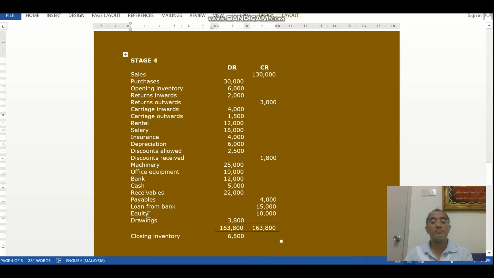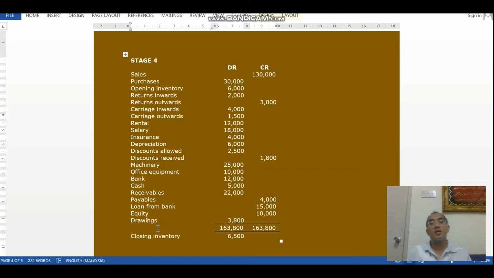Equity. Okay, we have drawings. Drawings is something that the owner took from the business. Let's say he has no money and he wants to use some money, and then he took out something, say, 1,000. So actually, he's taking from his own company, from his own money.